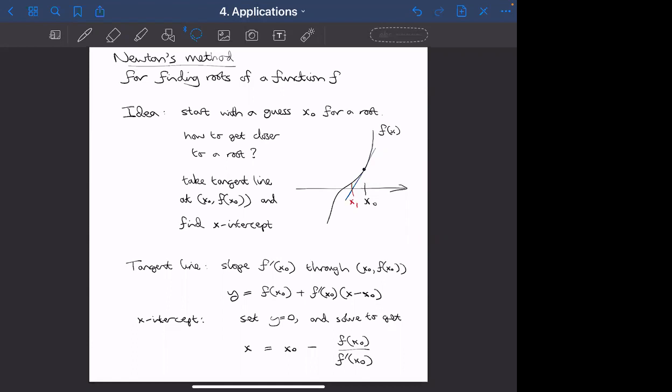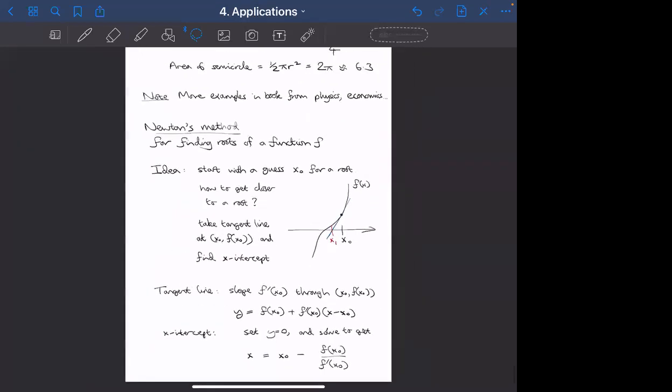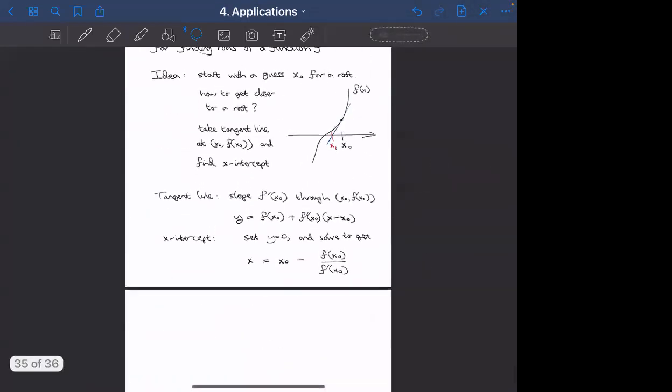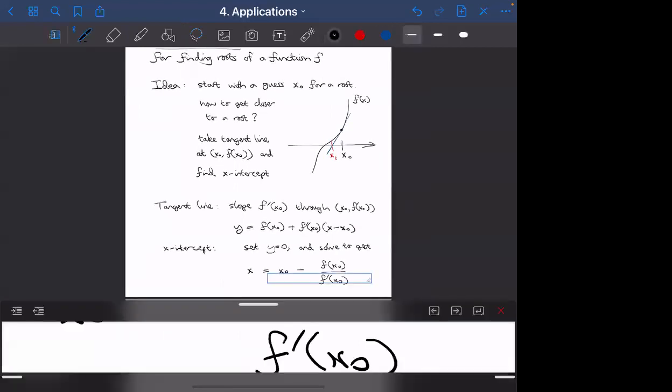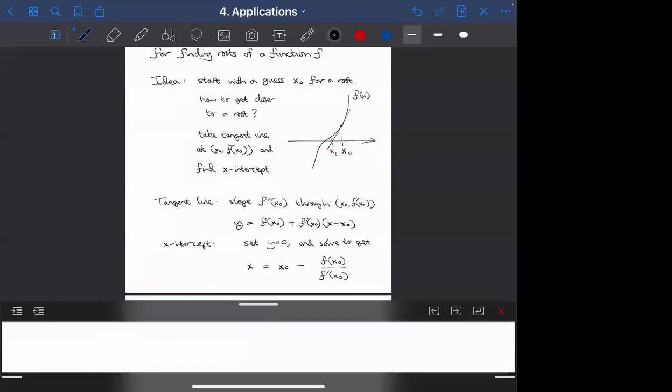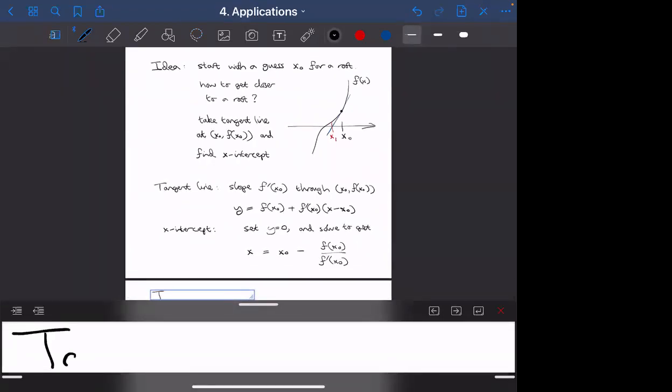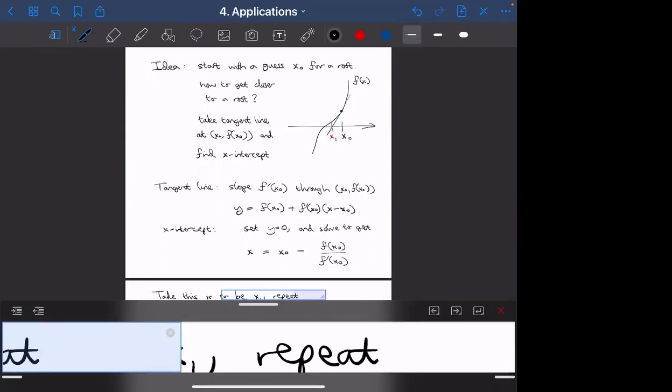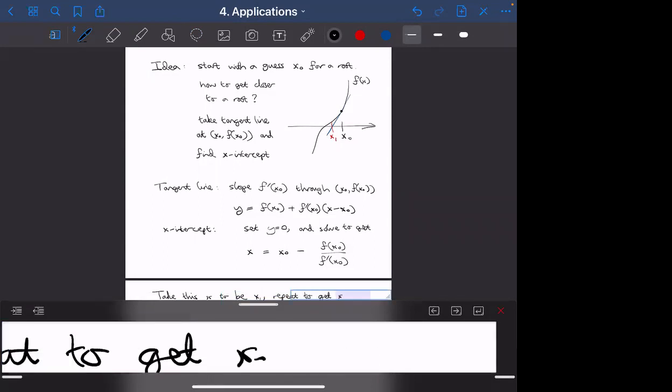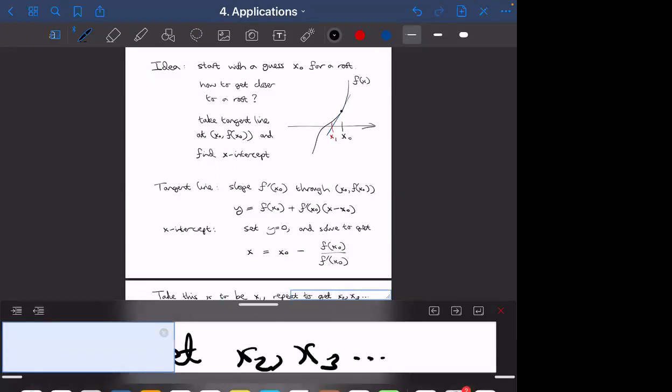Yes, we do. And so we take this x to be x1, and we repeat to get x2, x3, and so on. We hope that these will get closer to the root.